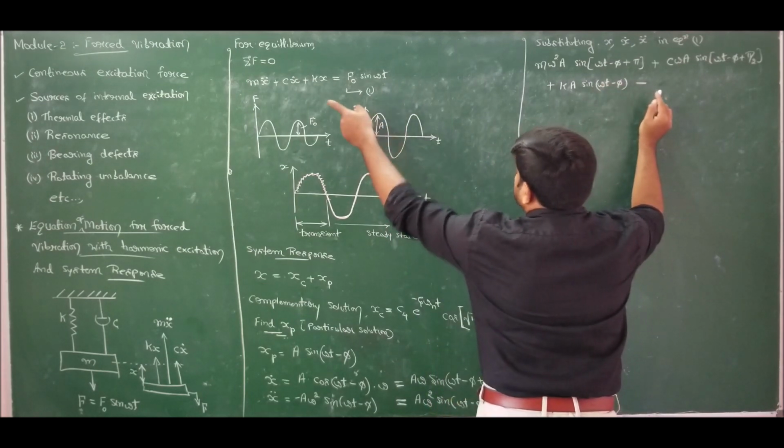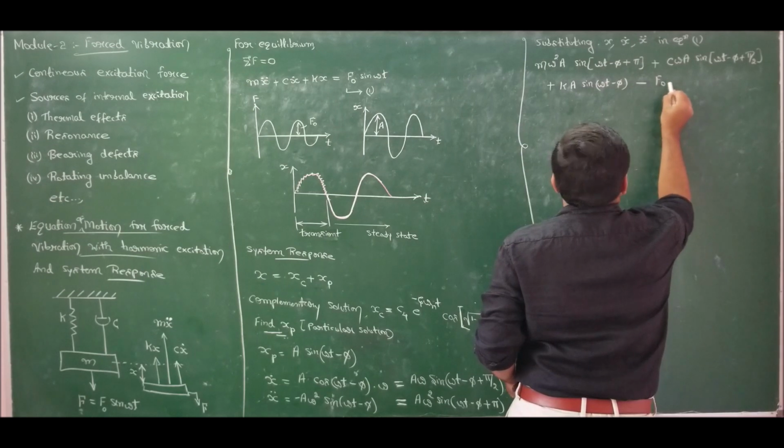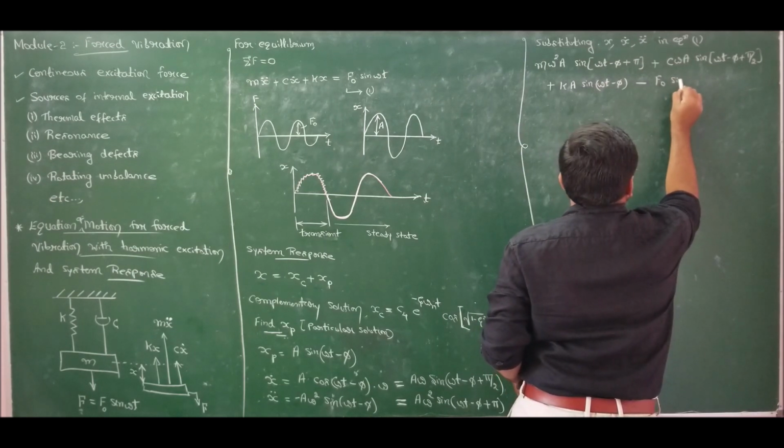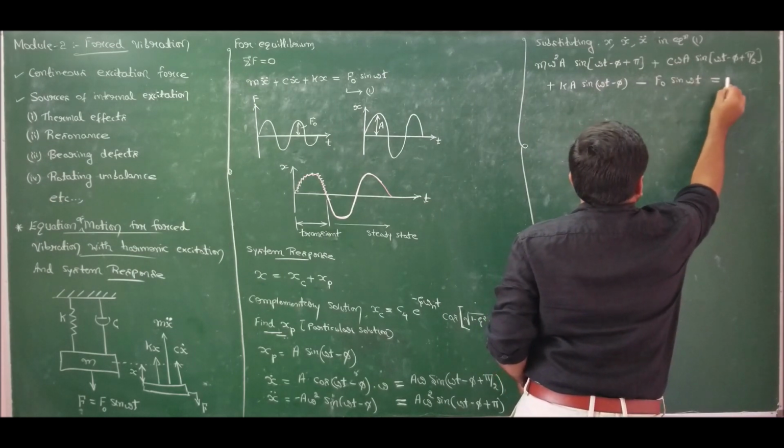I will take this to the left hand side, minus F naught sine omega t is equal to 0.